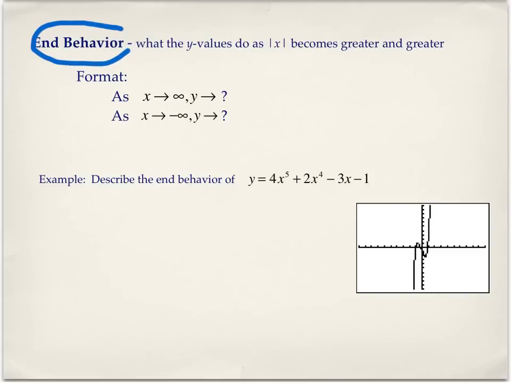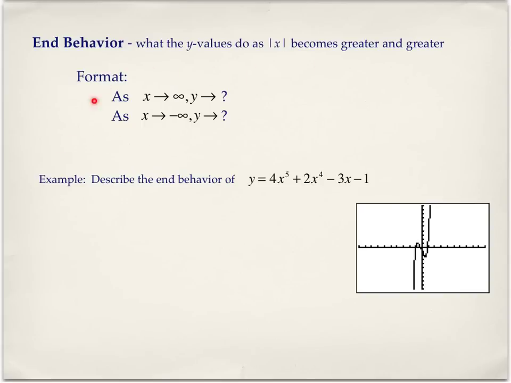Alright, another key idea here, and the last one in this lesson, is something called end behavior. End behavior is what happens on the ends of the graph: what the y values do as the absolute value of x becomes greater and greater. When you see the absolute value of x, that means as x gets really large and also as x gets really small.